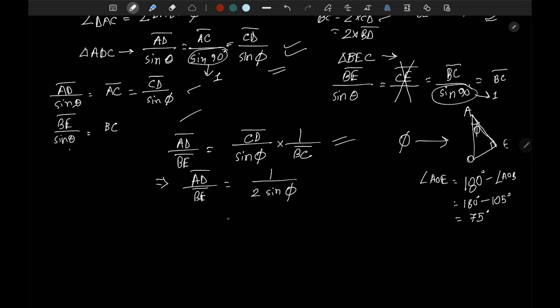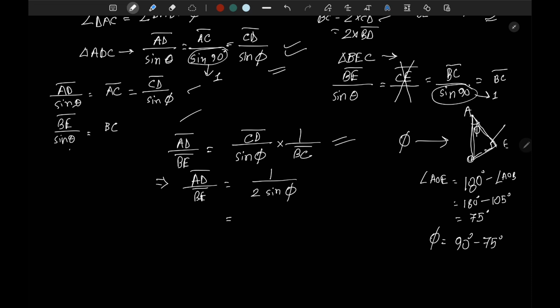So what is the value of phi here? The value of phi is nothing but your 90 degree minus 75 degree. Why? Because look at the triangle AOE. If angle AEO is 90 degree, then the sum of the other two angles must also be 90 degree, as the sum of three angles of a triangle is 180 degree.